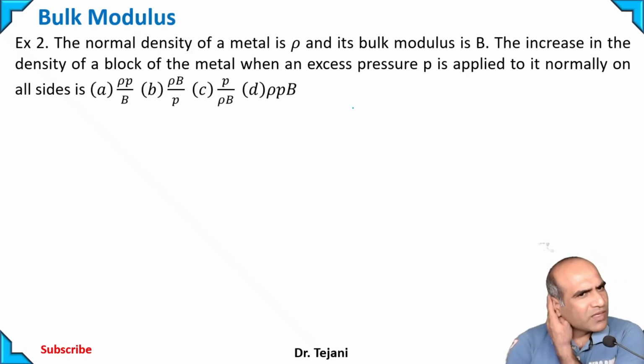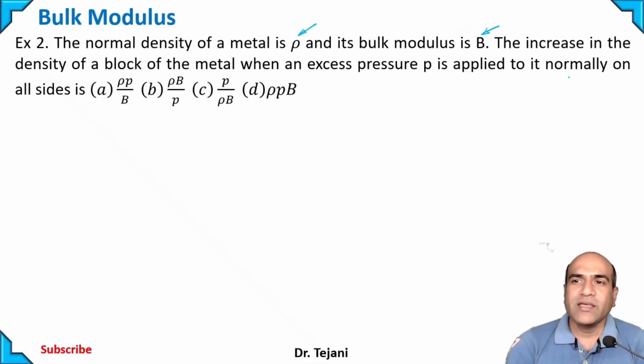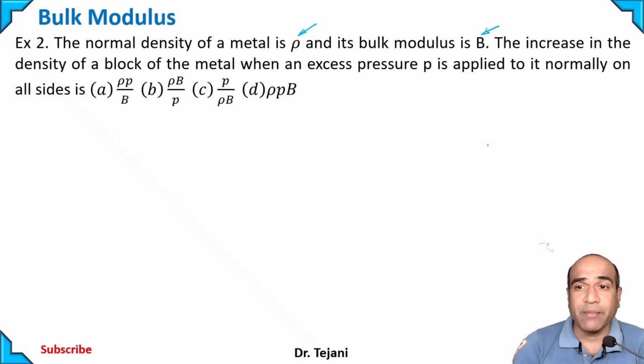Let's have one more. The normal density of a metal is given as rho, and the bulk modulus is given as B. We need the increase in the density of the block of metal when excess pressure P is applied to it normally on all sides. Say this is our object, subjected to pressure on all sides, and because of that there is a decrease in volume.